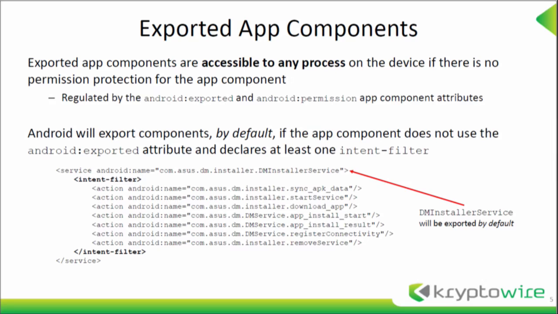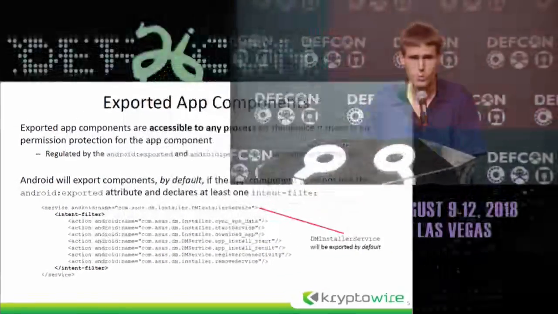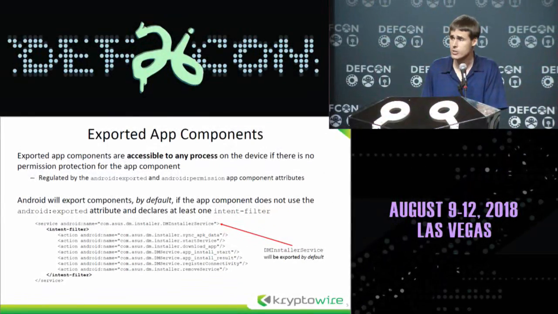So what makes an application component accessible or not to other processes on the device? It's regulated by 2 attributes that would be present in the application component declaration in the manifest file. And there are some instances where Android will by default export an application component.